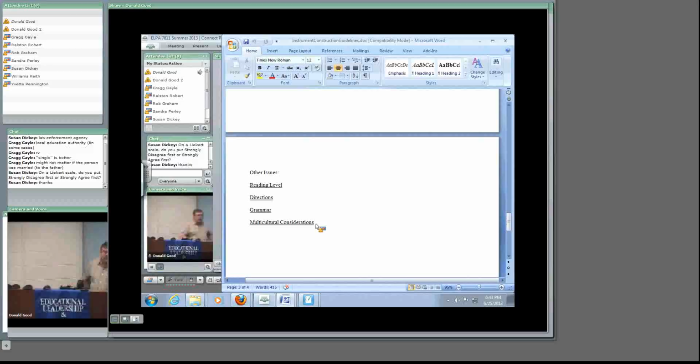The question of including a neutral option. Do I want to have a 5-point scale or a 4-point scale? Here's the over/under on that. A 5-point scale, if it's an odd number scale, you'll have a neutral option. The question you have to ask yourself: do you want to let somebody sit on the fence or not? If you don't want to let them sit on the fence, you give what we call a forced choice.